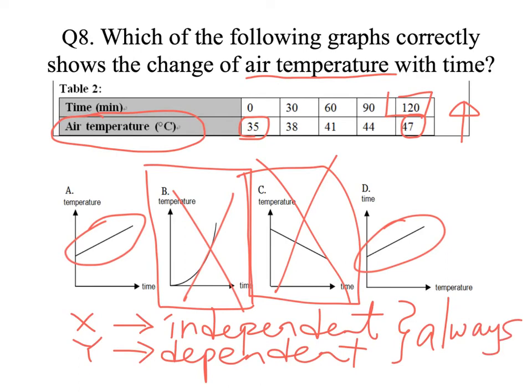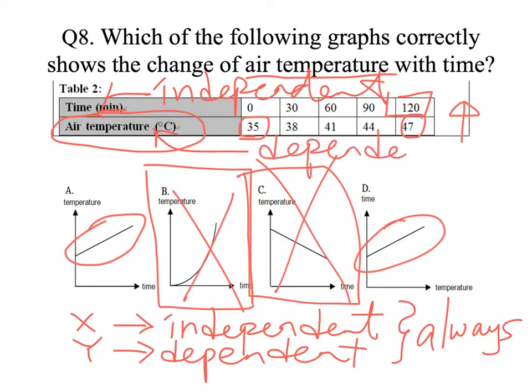So let's take a look back at the experiment. This time, the time would be the independent variable, while the air temperature will be recorded through the experiment. So this should be what we call the dependent variable. So which one should be in the x-axis?